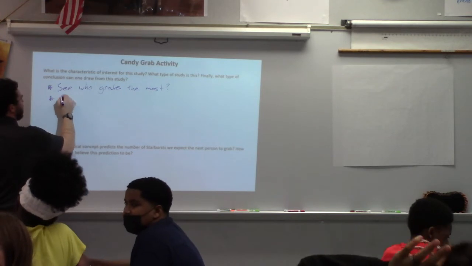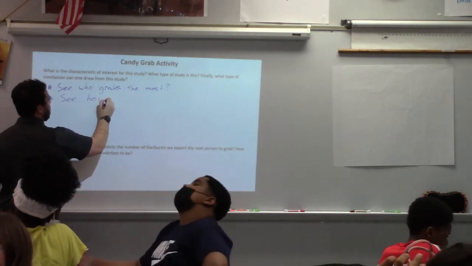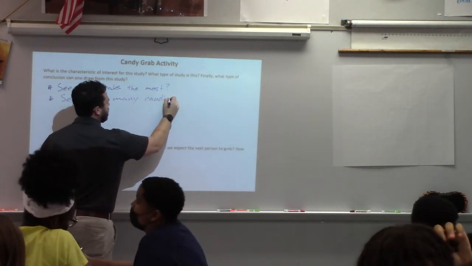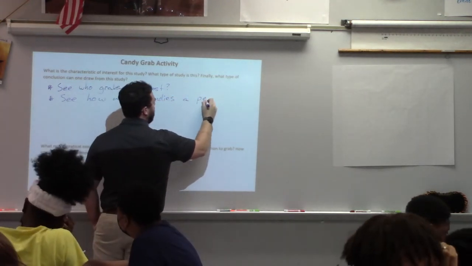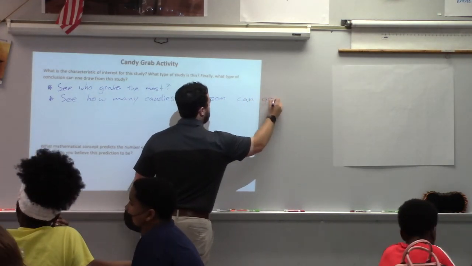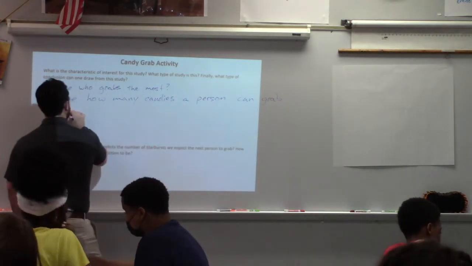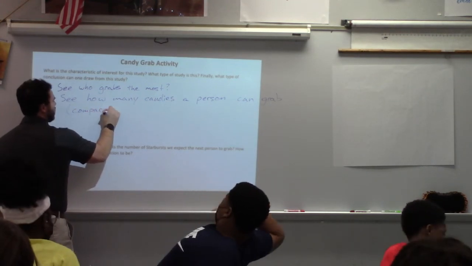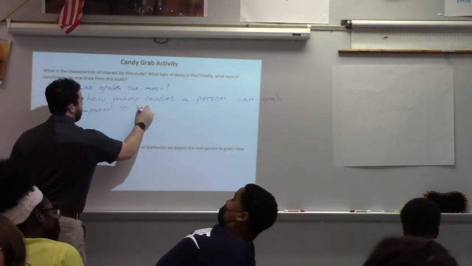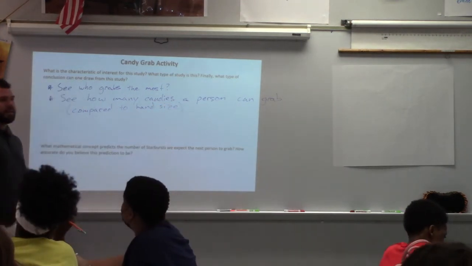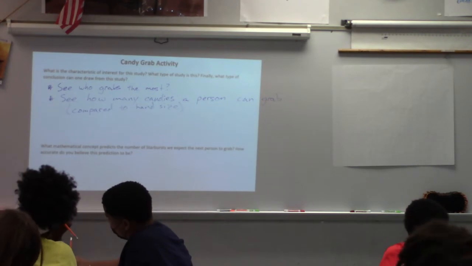Okay, to see how many candies a person can grab. Compared to hand size. All right. Anybody have anything else that we might be interested in?